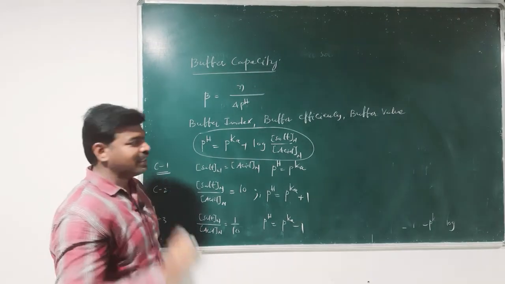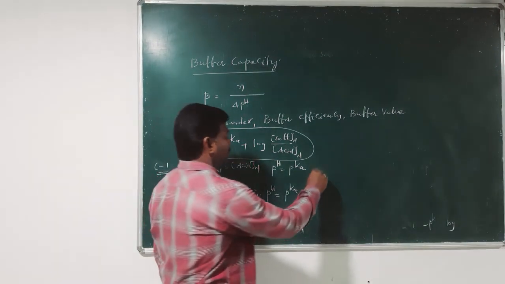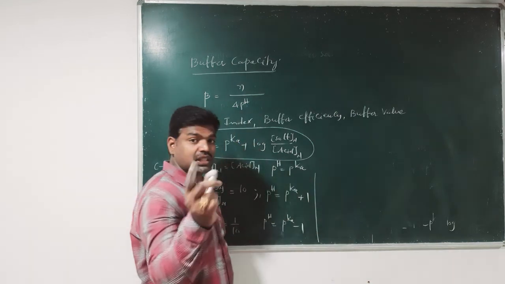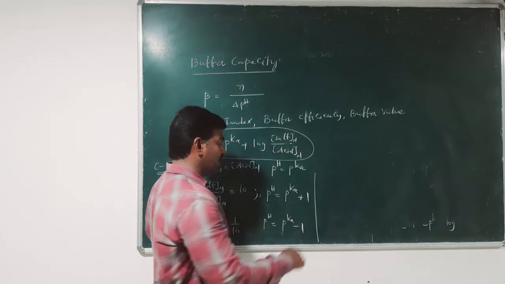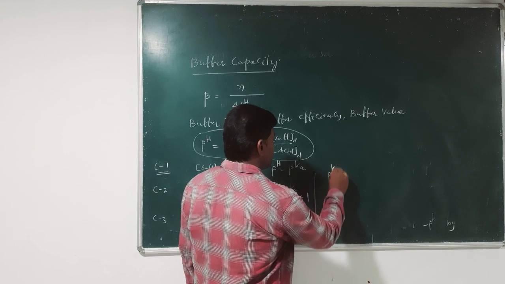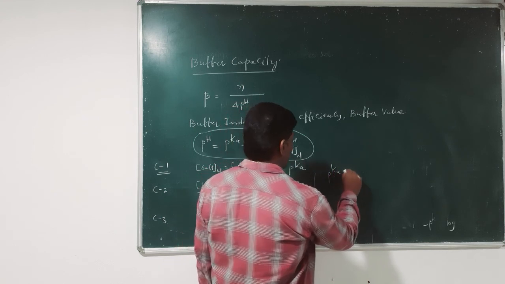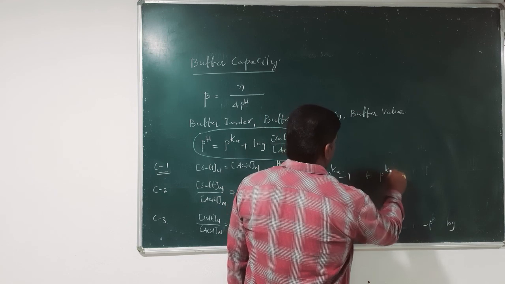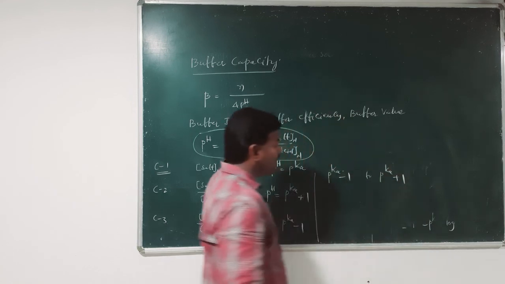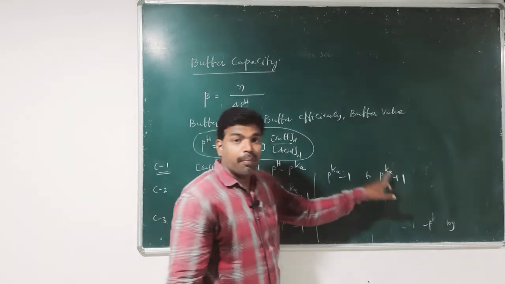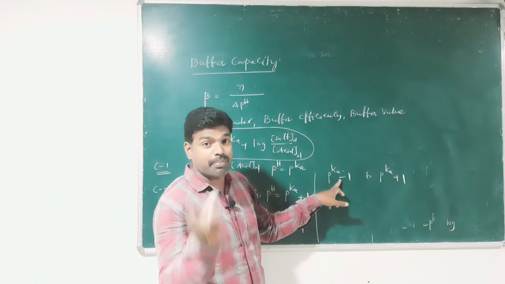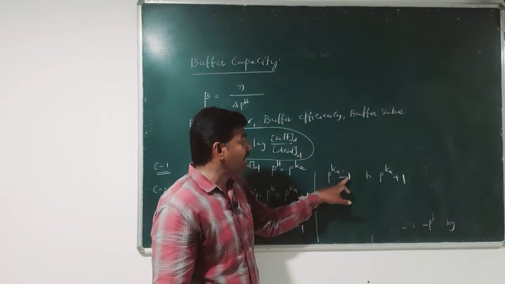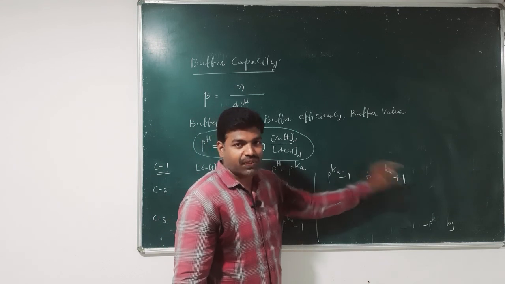That is, the buffer works efficiently in the range of pKa minus 1 to pKa plus 1. In this range, buffer efficiency is maximum.